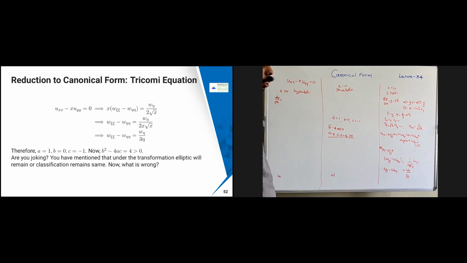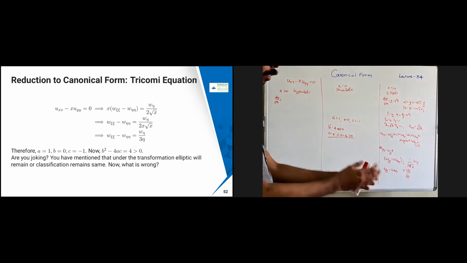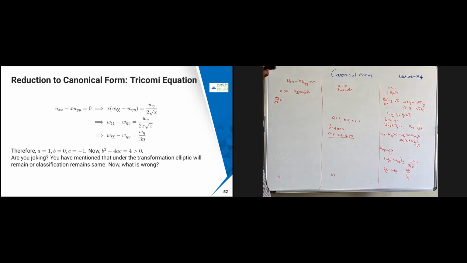Could anyone tell me what is wrong? Whether whatever we just studied is the flaw or we did some mistake.